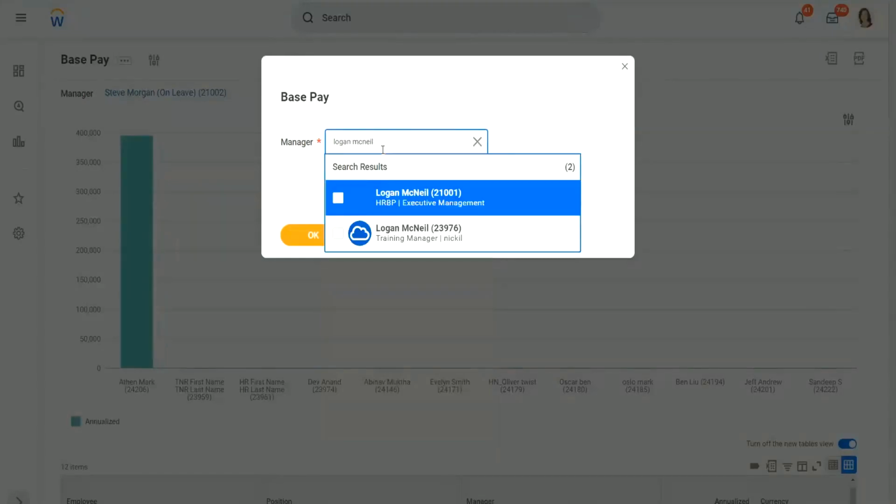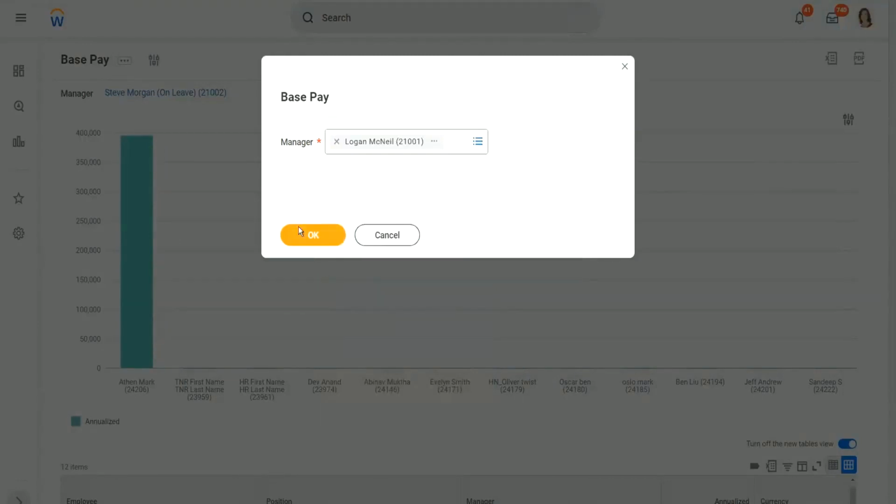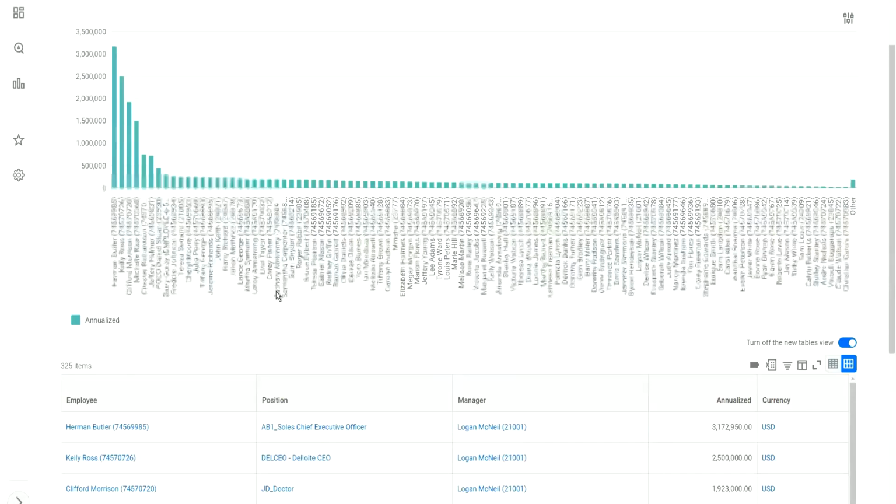Let's see wherever Logan is a manager. So Logan McNeil. And let's see how many people Logan manages, directly or indirectly. So there are 325 people who are managed by Logan.